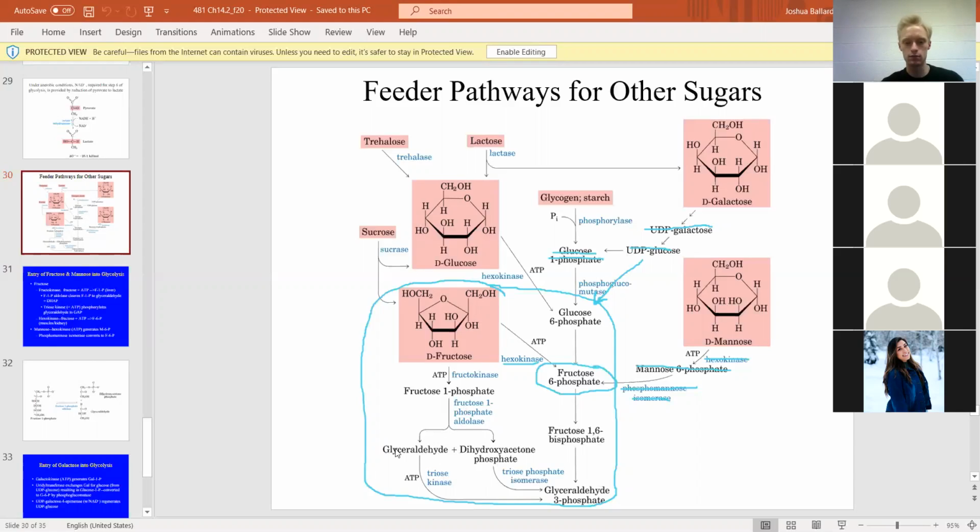Glyceraldehyde is one product, with dihydroxyacetone phosphate. That's one of the products we get from step 4 in glycolysis, and we just convert that to glyceraldehyde 3-phosphate. For glyceraldehyde, we simply need to add a phosphate, and the enzyme triose kinase adds a phosphate group to the third carbon. Triose, third carbon, just looking at different keys like that.